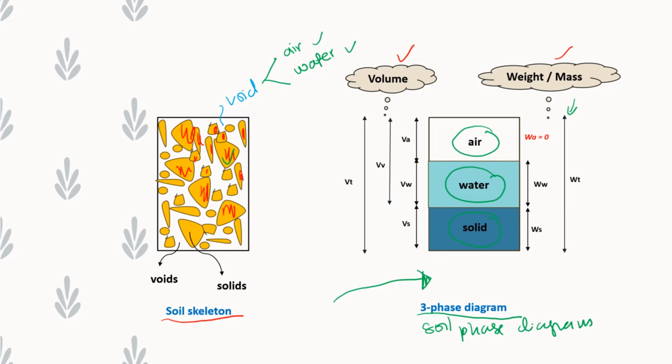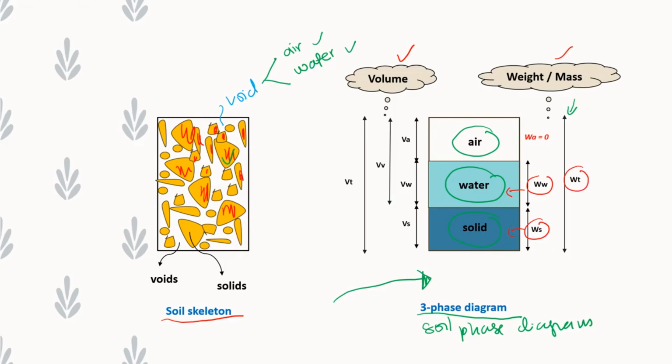But for engineering purposes, we know that the weight of air is too low, which we consider as equal to 0. So therefore, we have weight of water and weight of solid, denoted as WW and WS.